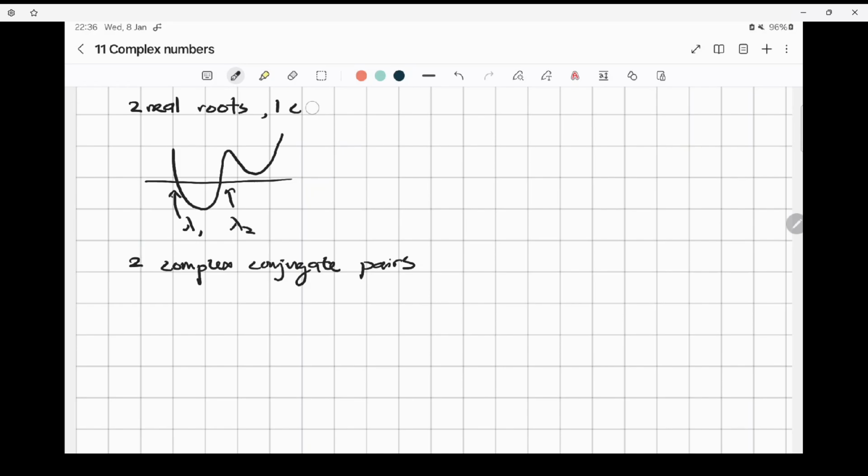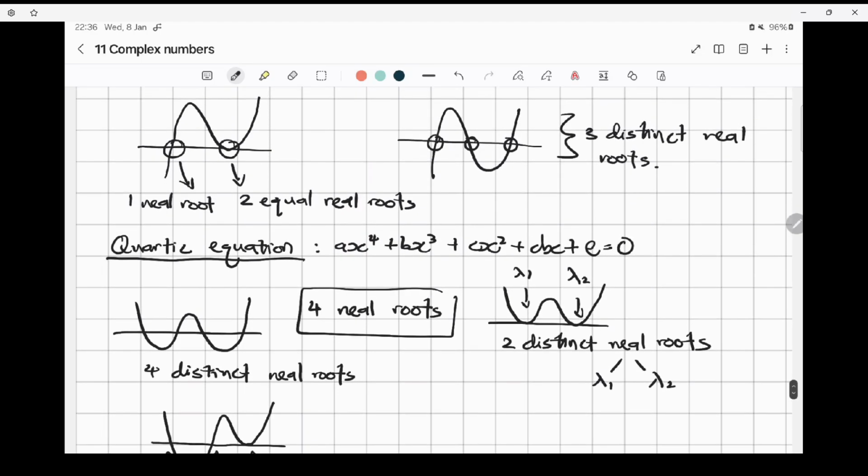So perhaps I should write complex. So in this case, then it doesn't intersect your x-axis at all. So these are the possible cases for quartic equation.